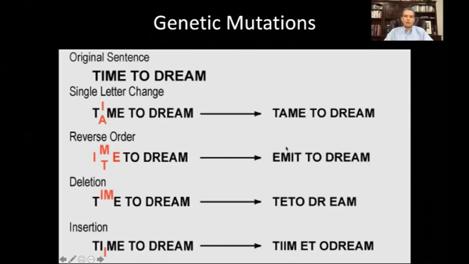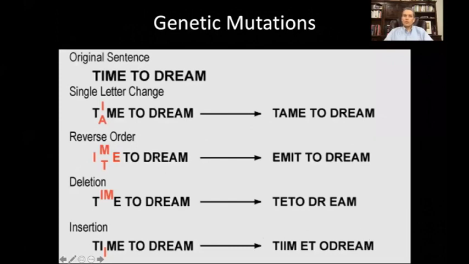That one, okay, so now you're like, what does that really mean? Now you have a deletion where you take I-M out, but you're still filling in 4 letters here, so you lose those, so you're going tet, to, trim, im. Now that doesn't make any sense. And then you just insert another I in there, so it's tem, et, odrim, right?